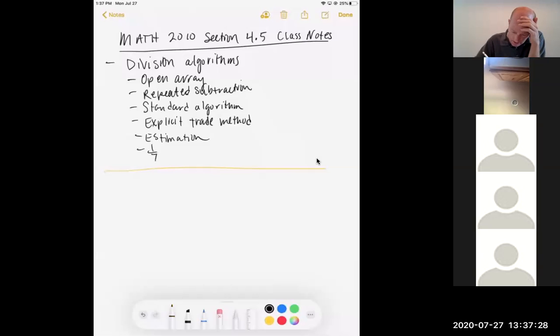So our first division algorithm method is the open array. Now the open array method is similar to the open box.